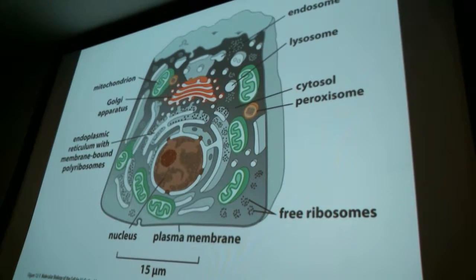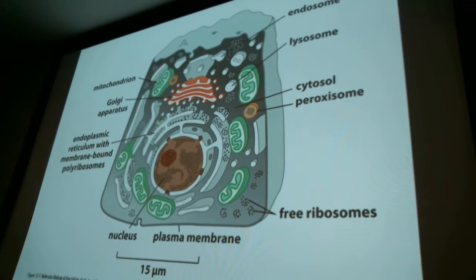And what you can see here are the most important ones, that I'm sure all of you already heard about. Right, you have the very dynamic system of endosomes that keep coming into the cell from the plasma membrane. And then in the other direction, you have secretory vesicles coming out of the endoplasmic reticulum and the Golgi complex, fusing with the plasma membrane.